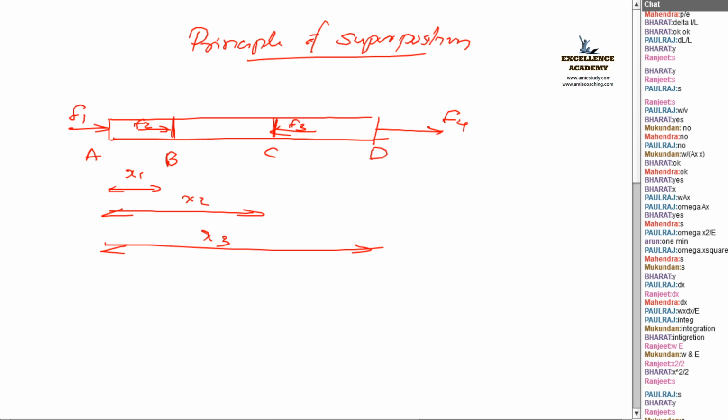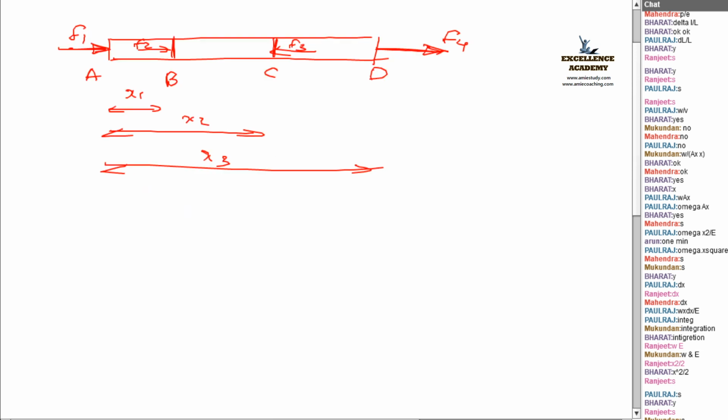In the previous cases, we considered only the forces acting on the ends, but it is not like that. The forces are acting at B, at C, at D, etc. So in such cases, we have to find out delta L by means of the previous equation PL by AE.